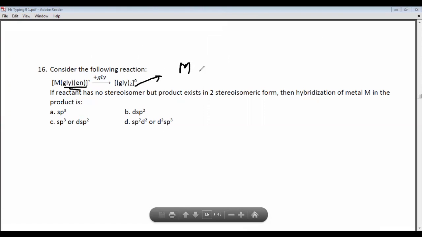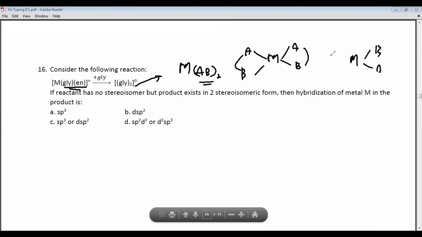But the product, glycinato, is an unsymmetric bidentate ligand, right? So MAB2 is the category. So this can form geometrical isomerism, say cis and trans. If this shows geometrical isomerism, then it's stereoisomerism. Then the hybridization is actually asked, right?